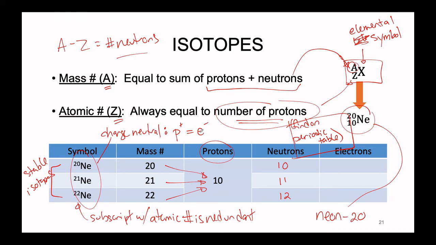An electron represented by lowercase e with a superscript of a negative charge is a negatively charged particle. And the relative charge, as we've also discussed, is exactly equal. So if your species is charge neutral, you have to have the same number of negative charges as you do positive charges. And since each of these isotopes has 10 protons, they must also each have 10 electrons.